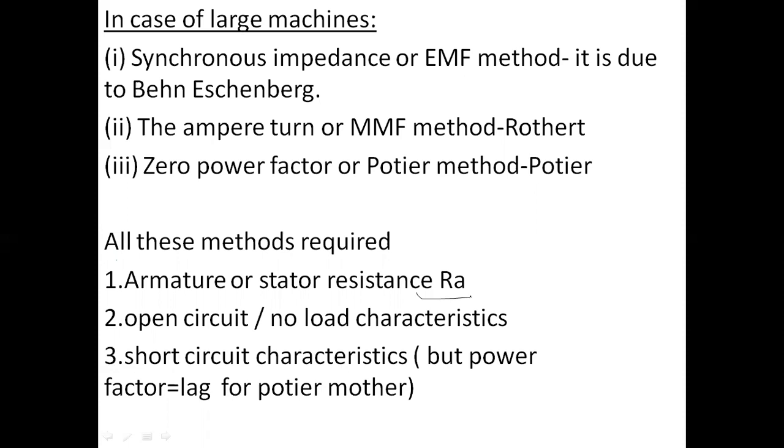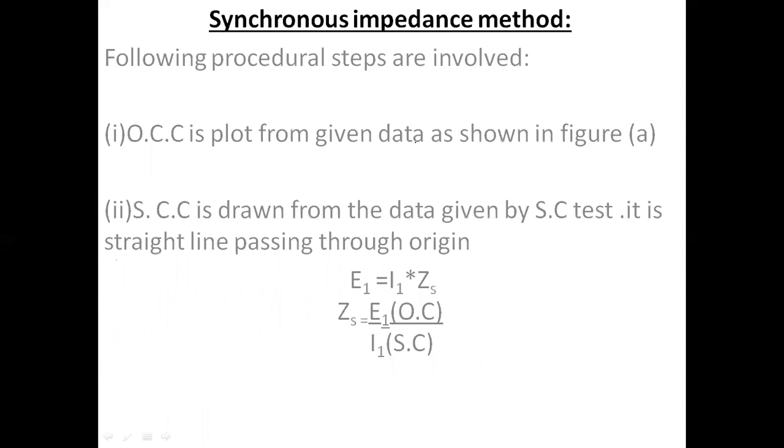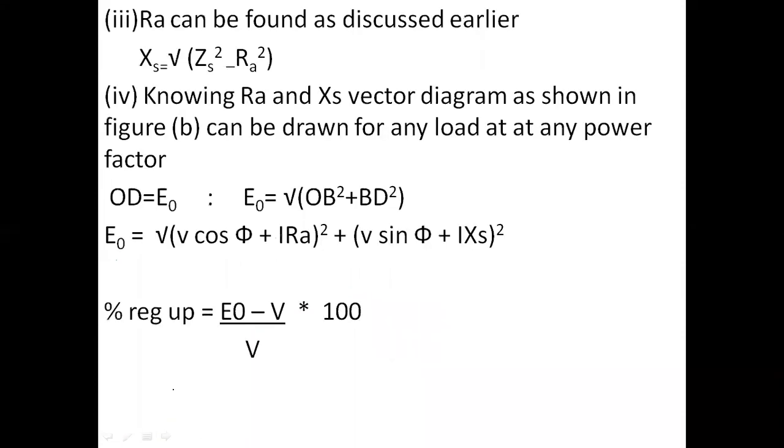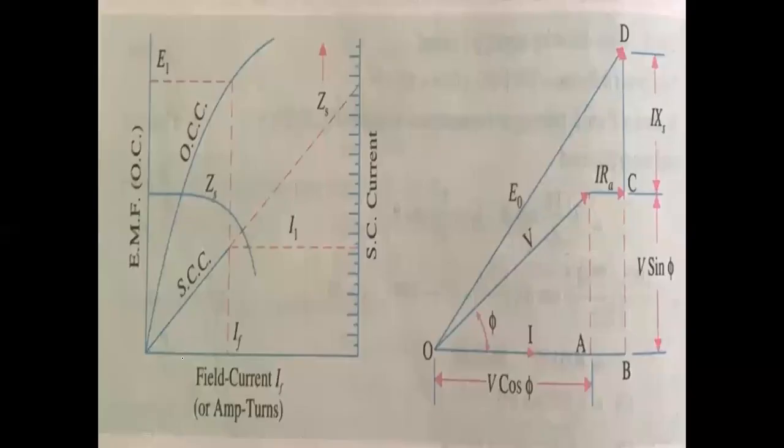First one, the synchronous impedance method. In this method, we have to follow these procedure steps. First, the OCC is plotted from the given data, as shown in the figure.